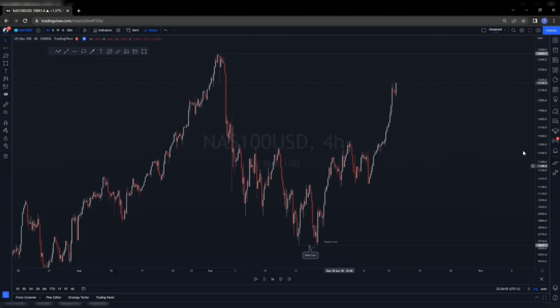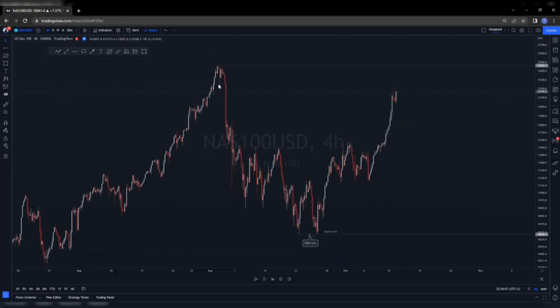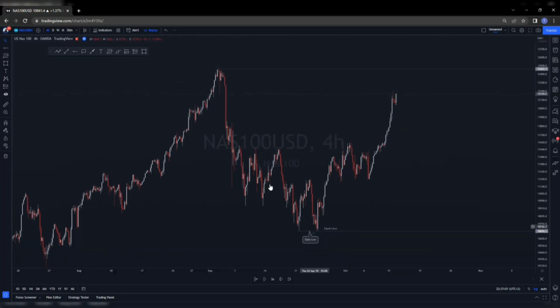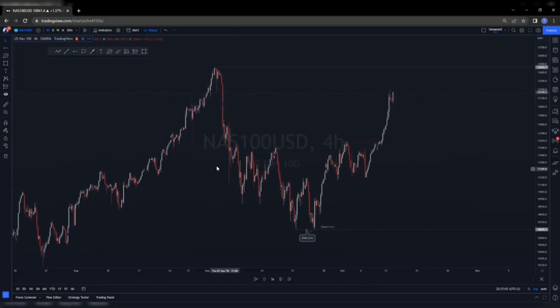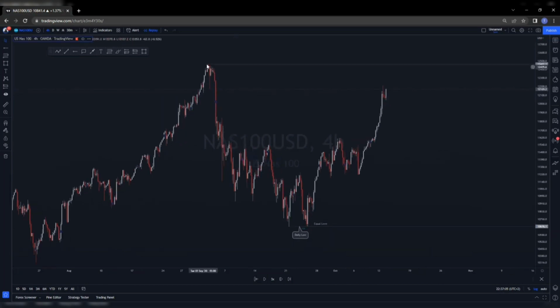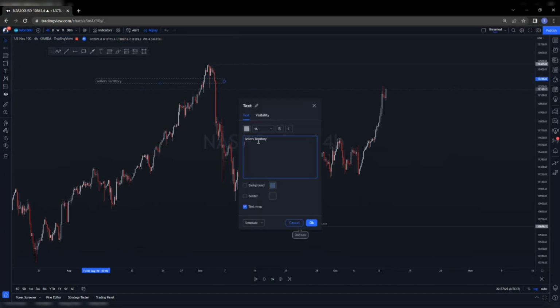Now, let's start. We have this range over here. When we're looking at the supply and demand curve, we can see that we are in the seller's territory, but we're in an uptrend, making our supply zone a low probability. So what we're waiting for is for the supply zone to be in control.